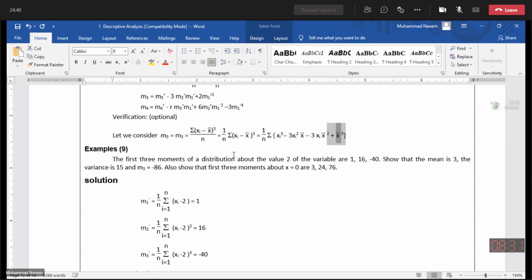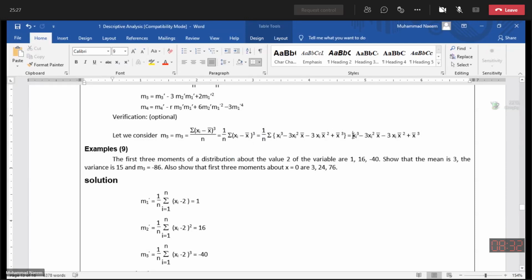We have... now let me multiply each term with this factor.